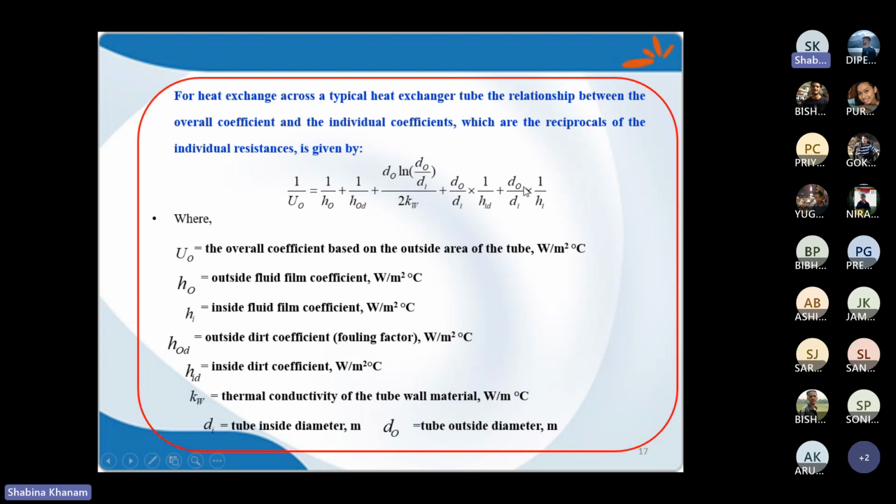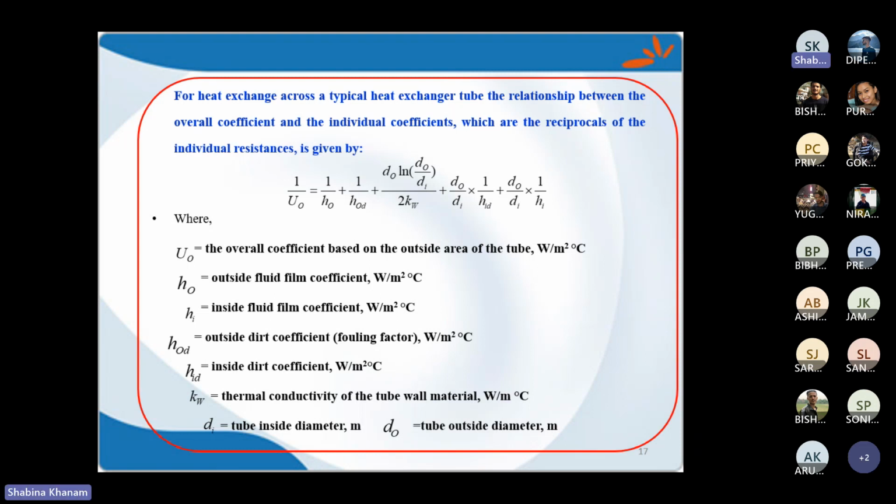However, when you consider this HI and this HO, this HI will depend on the size of the tube. Okay, and the size of the tube will depend on the heat transfer area.